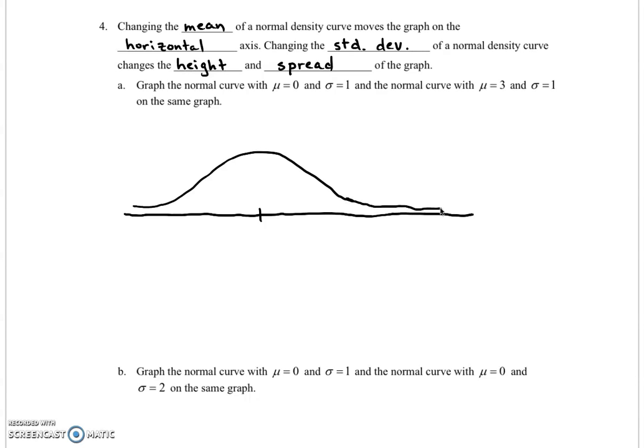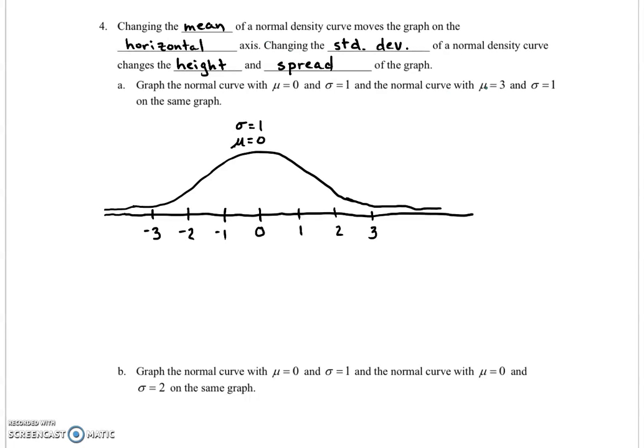And it keeps going and it gets closer and closer to the axis, but it never gets there. It's hard to draw that right. So there's our mean of 0, and here's our standard deviations of 1. So 1, 2, 3. We have -1, -2, -3. So that one is mean equals 0 and standard deviation equals 1.